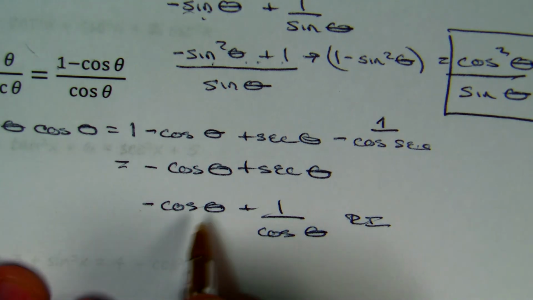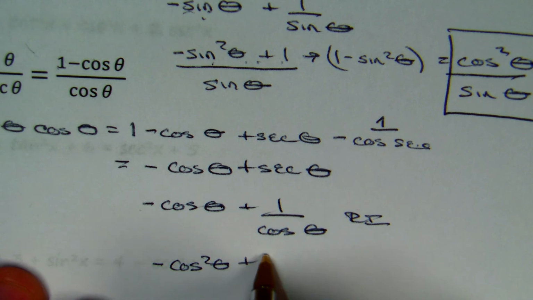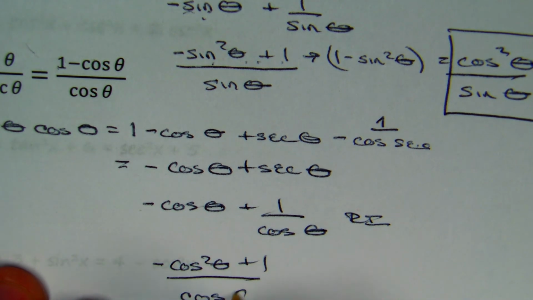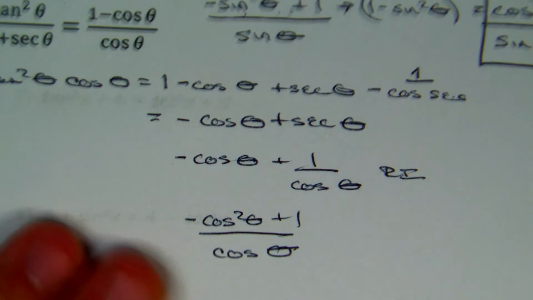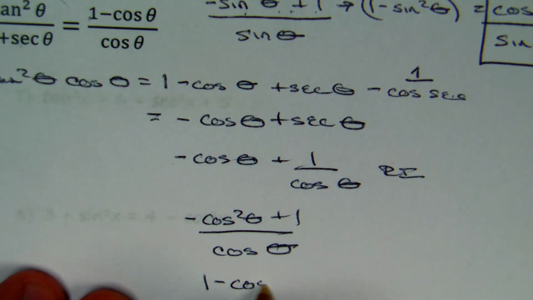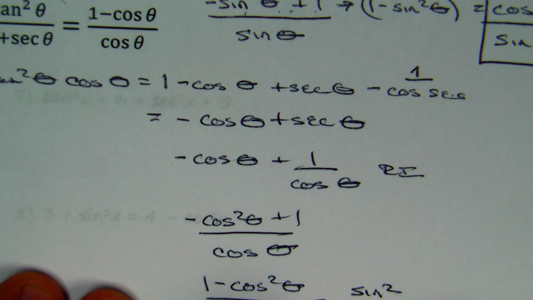When I multiply to find a common denominator, I get negative cosine squared theta plus 1 over cosine theta, which when I'm done is 1 minus cosine squared theta over cosine theta, which is sine squared over cosine theta.